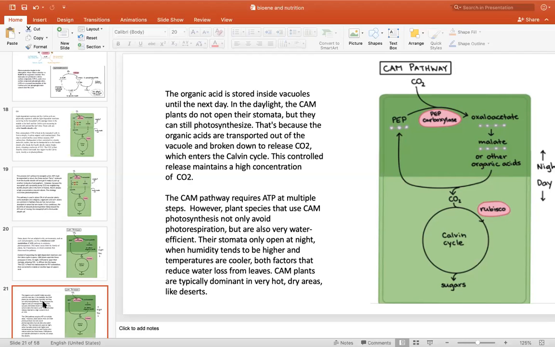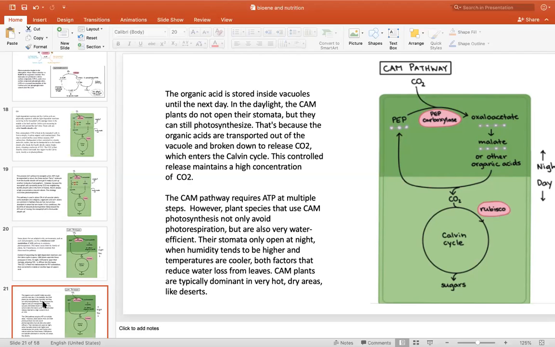When sunlight is present and light dependent reactions are taking place, these organic acids, malate and the others, release their carbon dioxide. When they release it, they maintain a carbon dioxide concentration where photorespiration is prohibited and the Calvin cycle takes place as normal.